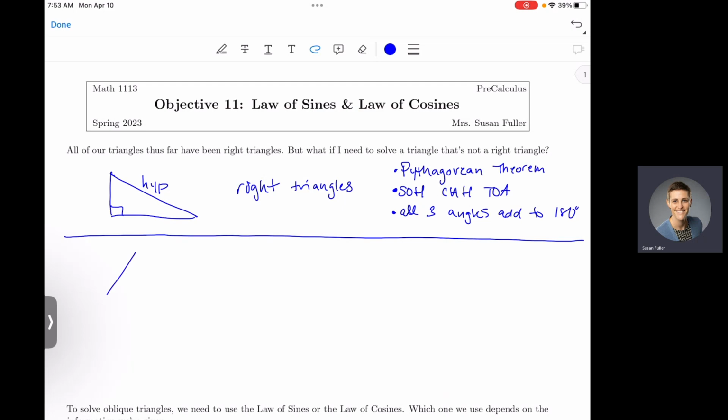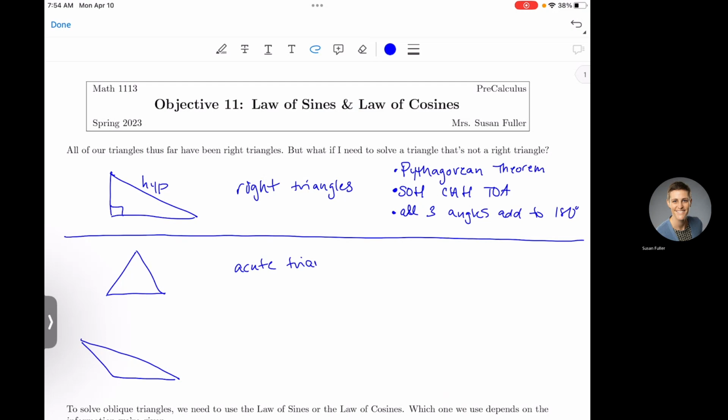What if we have something that looks like this, that doesn't have a right angle in it? Or what if we have something that looks like this, that doesn't have a right angle in it either? This one in the middle is called an acute triangle. Basically, an acute triangle is a triangle in which all three angles are less than 90 degrees.